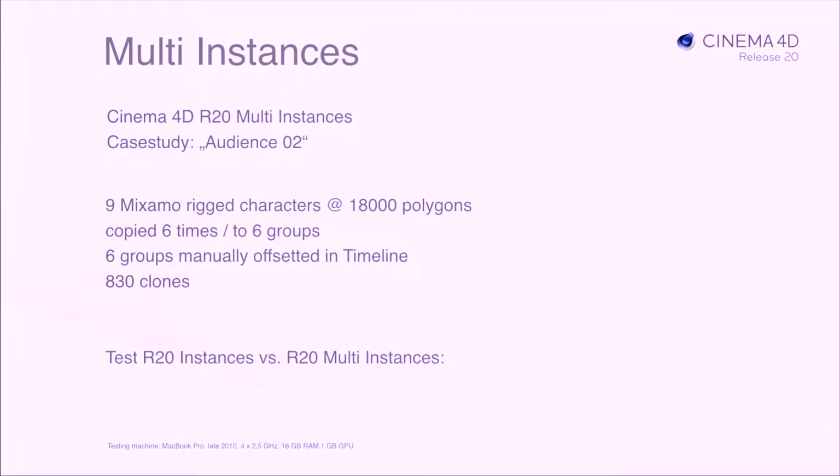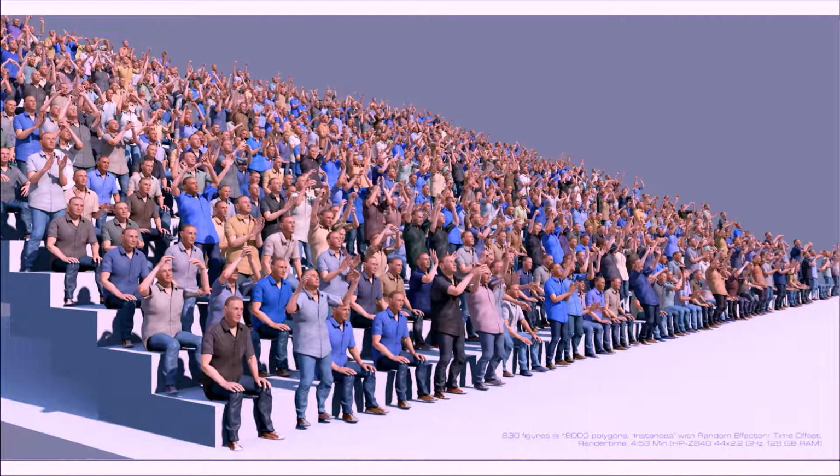This next scene I'm showing here has 9 rig characters, copied 6 times to 6 groups, manually, or offset in timeline, 830 clones, and if we see here, 830 figures. This is done with regular instances, and the time has been offset with a random effector. The render time is 4 minutes and 53 seconds on this one.